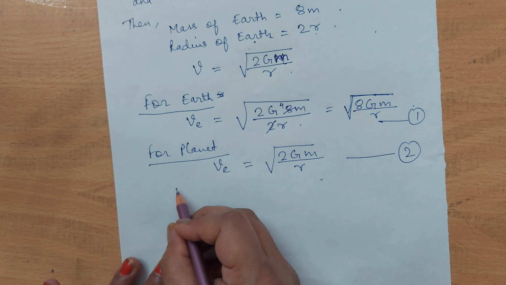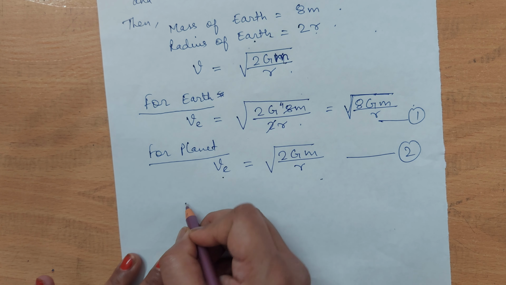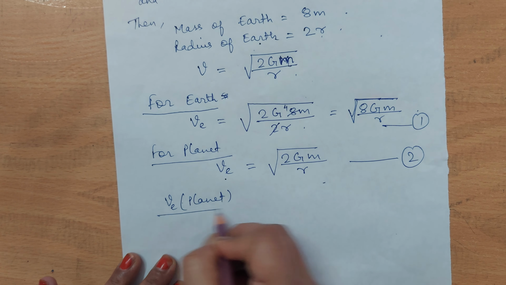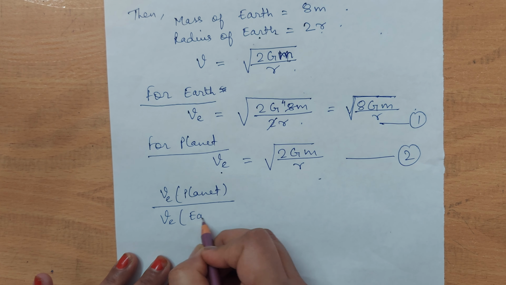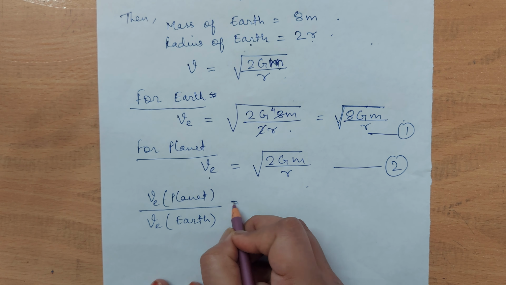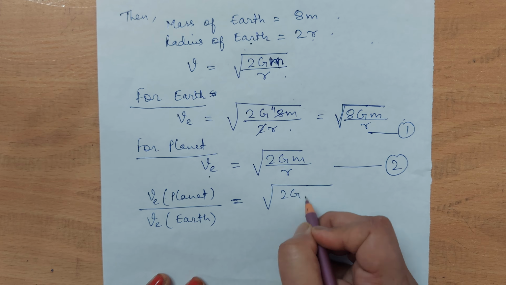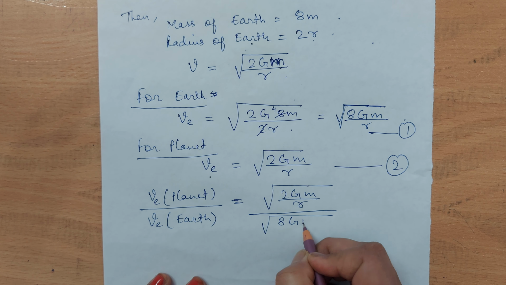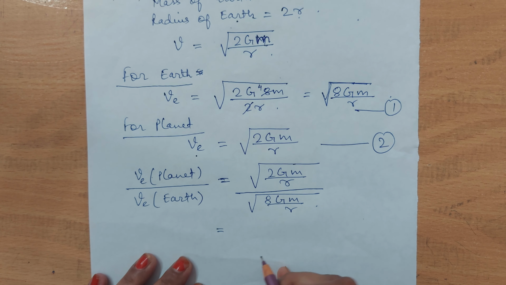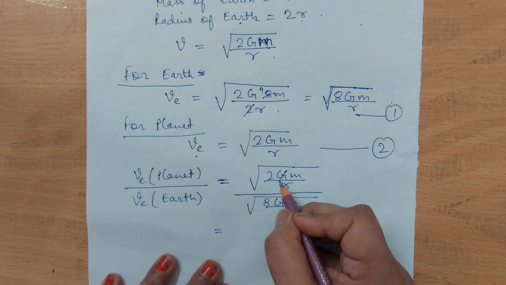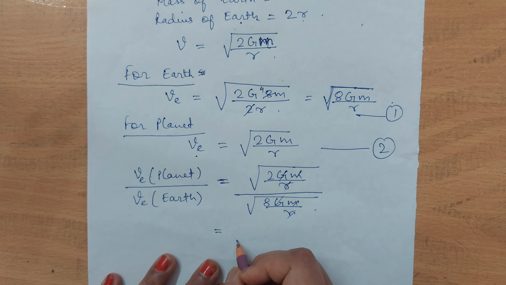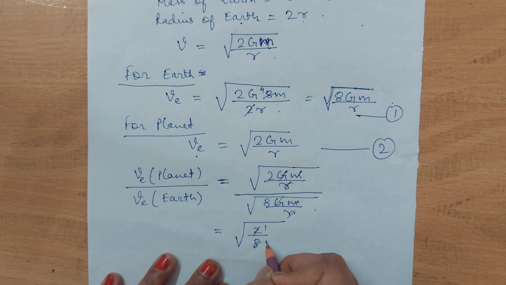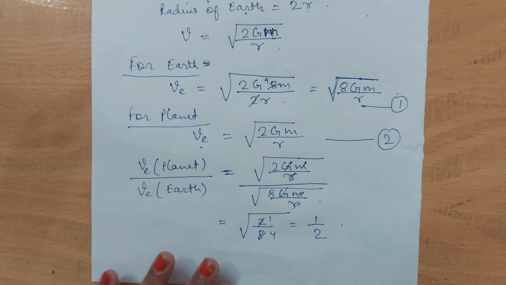If we divide the escape velocity of the planet by the escape velocity of Earth, we will get root under 2GM by R divided by root under 8GM by R. So finally it will get cut, and we will have root under 2 by 8, which is equal to 1 by 2.